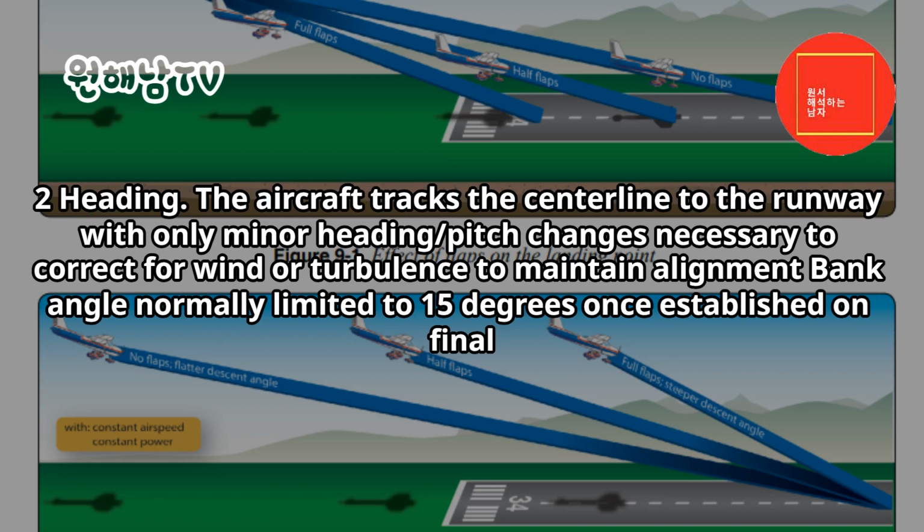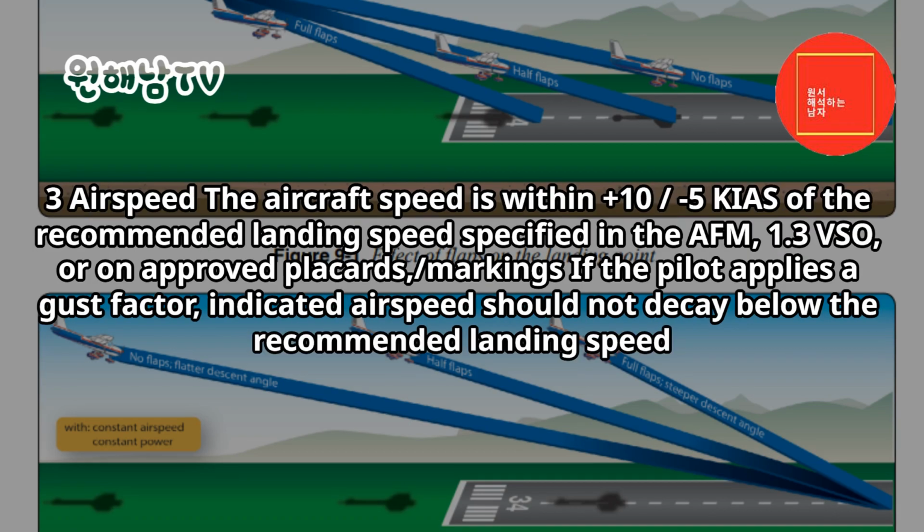Bank angle normally limited to 15 degrees once established on final. 3. Airspeed. The aircraft speed is within +10 or -5 KIAS of the recommended landing speed specified in the AFM, 1.3 VSO, or on approved placards or markings.